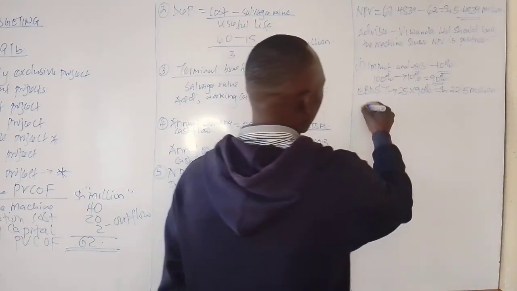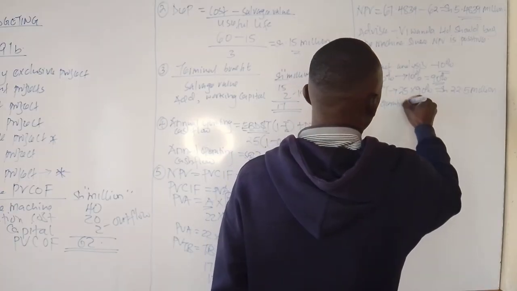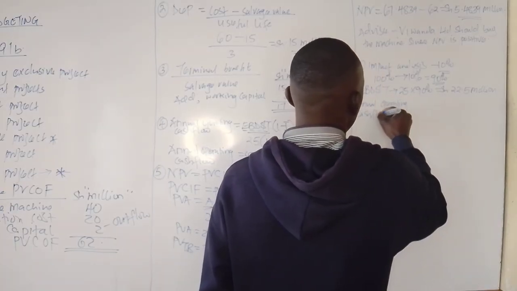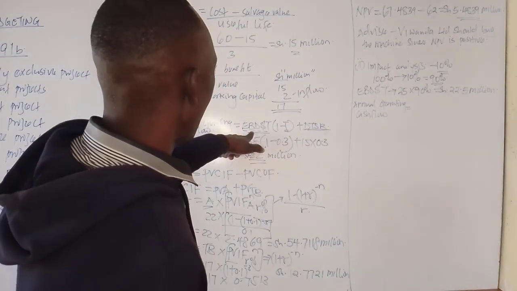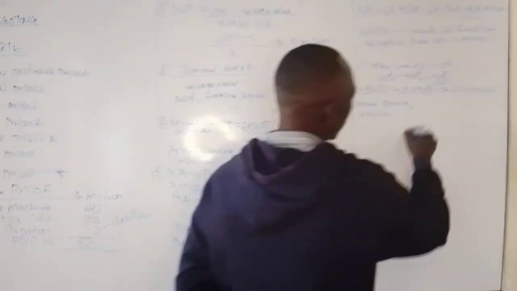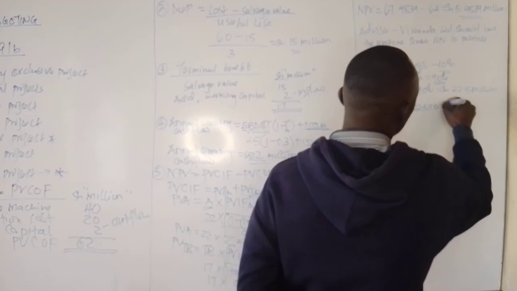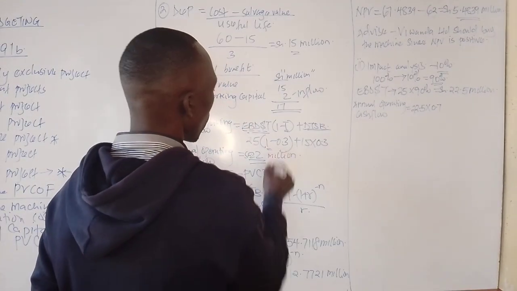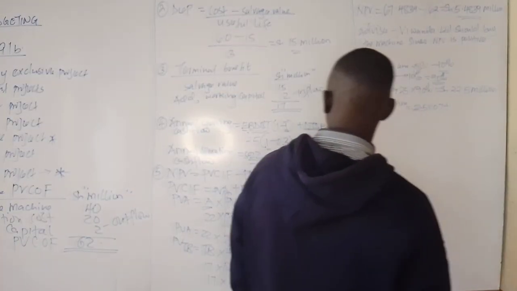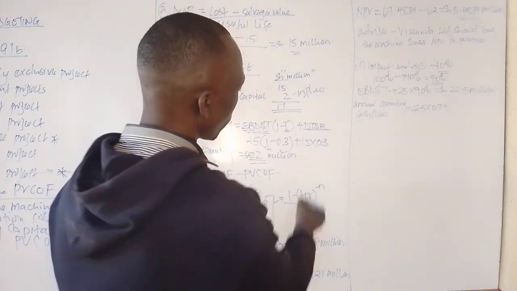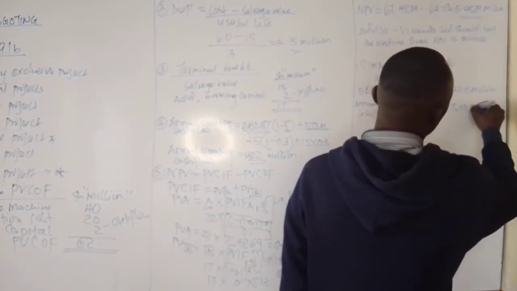So therefore, let us get our annual operating cash flow. Our annual operating cash flow will be given by the earnings before depreciation and tax, which in this case is 22.5, then you multiply by 0.7, or you can say 1 minus 0.3. Then we add the depreciation tax shield benefit. The depreciation will not be affected, so it will be 15 times 0.3.